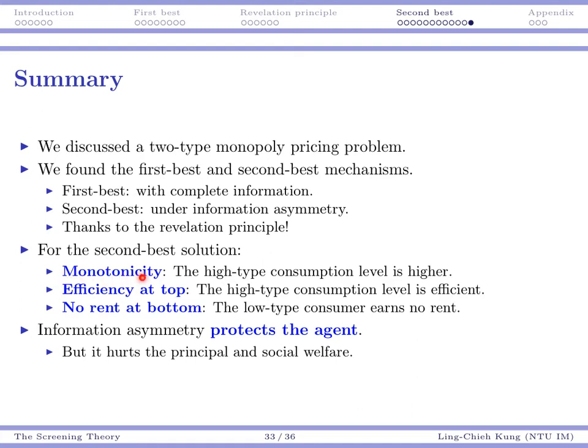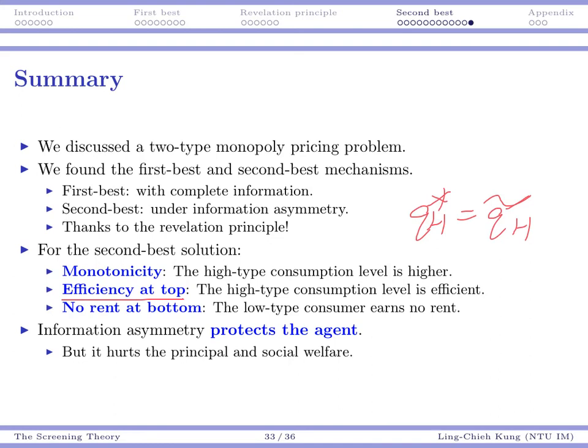Monotonicity. And then there is something we call efficiency at top. The high type consumption level is efficient, and that basically means Q star H is equal to Q tilde H. This is the so-called efficiency at top. Finally, there is no rent at bottom. The low type consumer earns no rent, while the high type consumer can still earn some rent.